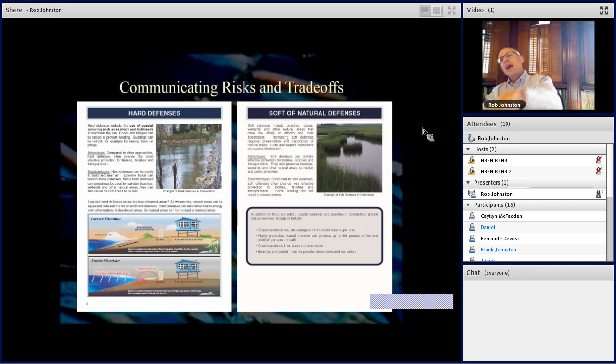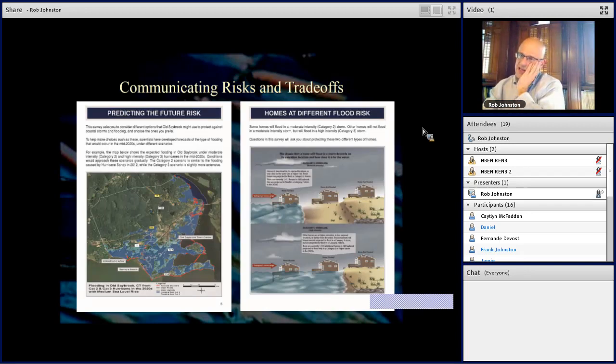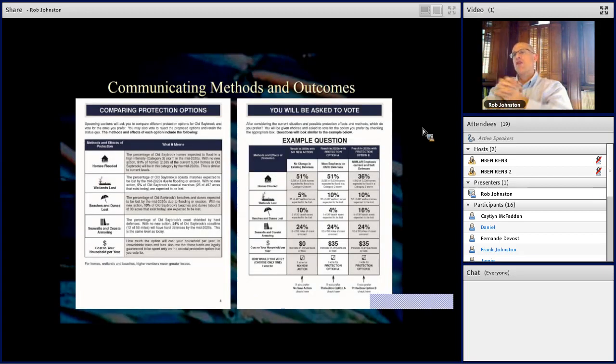We show them the area of their community that's at risk during storms of different intensities. We show them just simple pictures that we developed to show them why different homes flood in different intensity storms. And what goes into those pictures were determined by our focus group results. And then we show them the structure of our voting choices, right? Here are the things that are going to vary depending on what you vote for.